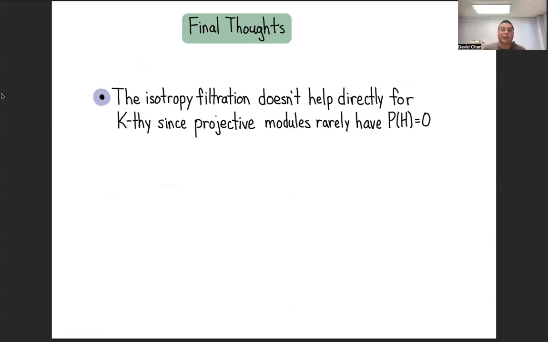I think this is a totally reasonable idea, and this is what we wanted to do. But it doesn't work because projective modules just don't vanish anywhere, right? The way that projective modules work inside of Green functors, they just never vanish anywhere. And so while you get a filtration by intersecting projective modules with the isotropy filtration, the filtration is really dumb because they're all in one spot. And so there's just nothing helpful to be said there.